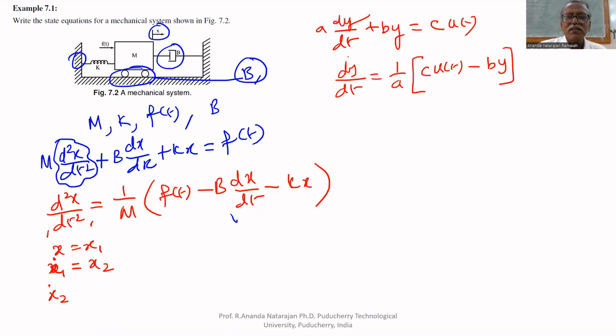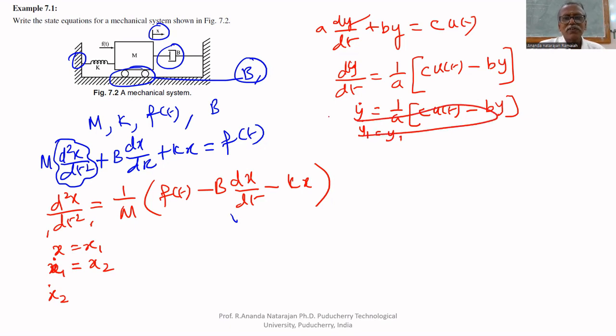This can be written as y dot equal to 1 by a into c u of t minus by. So it is a first order equation. Simple first order equation, x1 dot equal to x2, is a first order differential equation.